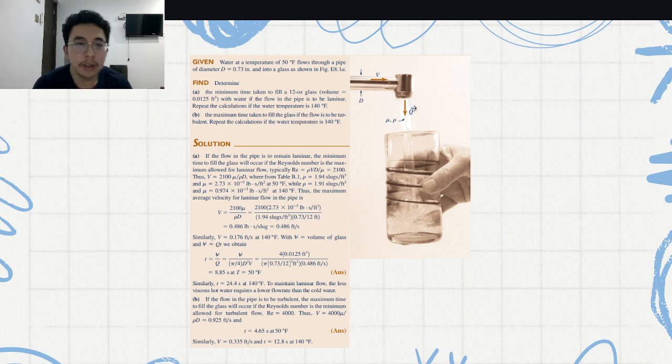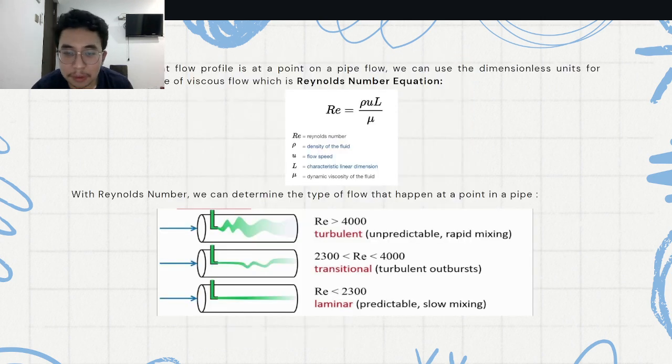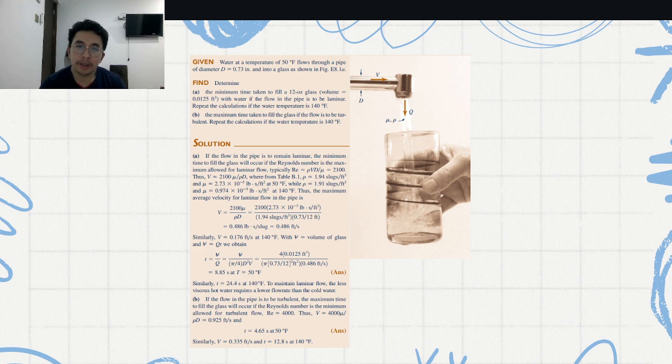Okay, let's start from A, the solution. If the flow in the pipe is to remain laminar, the minimum time to fill a glass will occur if the Reynolds number is the maximum allowed for laminar flow. Typically, Reynolds number equals 2100. I already told you before that this Reynolds number needs to be below 2300, so 2100 is okay.